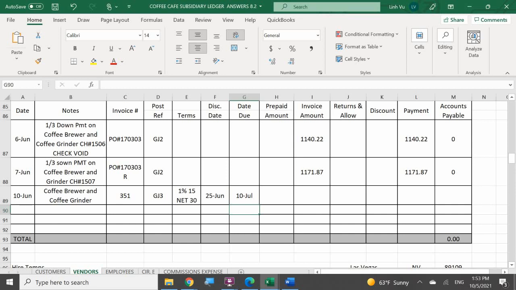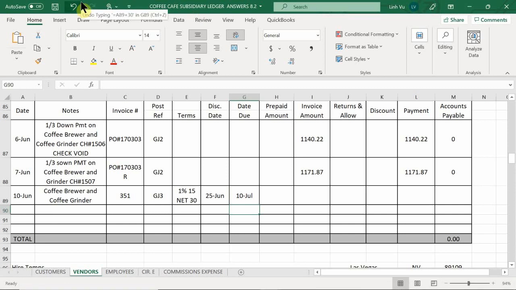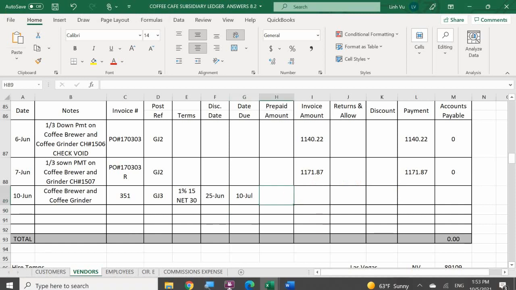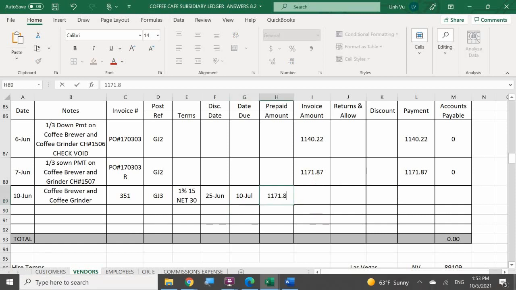Now, let's go ahead and calculate it this way. In this case, do we have a prepaid account or a prepaid amount? Yes, we do, the down payment, right? This is before we received a bill. Did we have to make a payment? Yes, we did. And we made a payment for the $1,171.87. Okay. Now, what was the total original bill due before the payment was applied? 3,806.02. Okay.